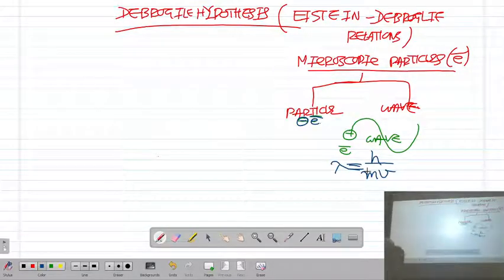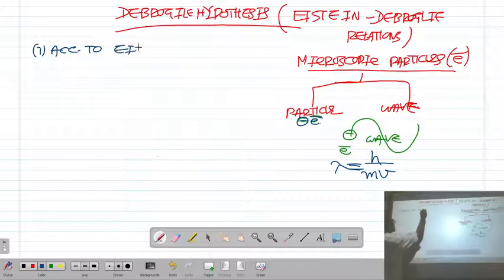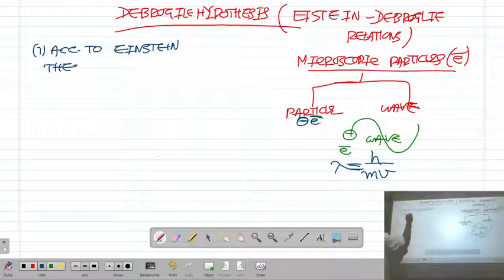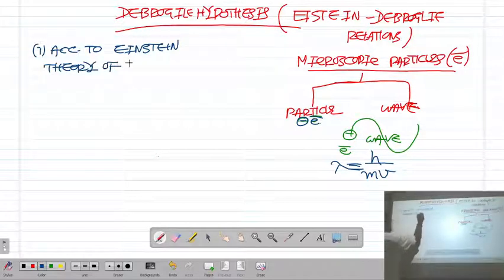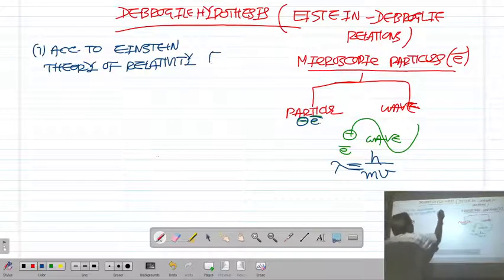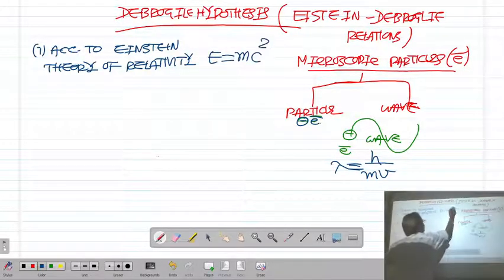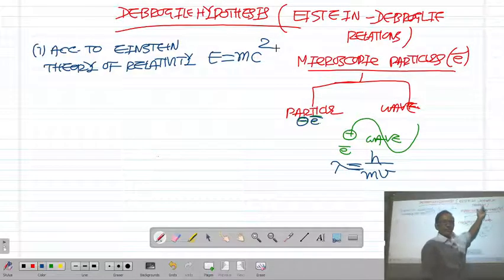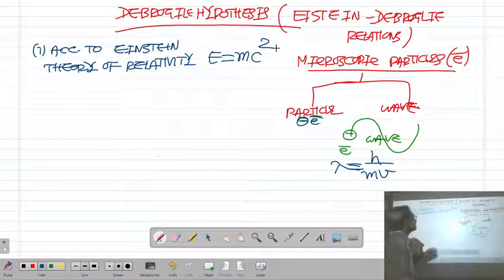According to Einstein's theory of relativity, the energy of the particle is given by the equation E is equal to mc square, where m is the mass of the particle and c is the velocity.